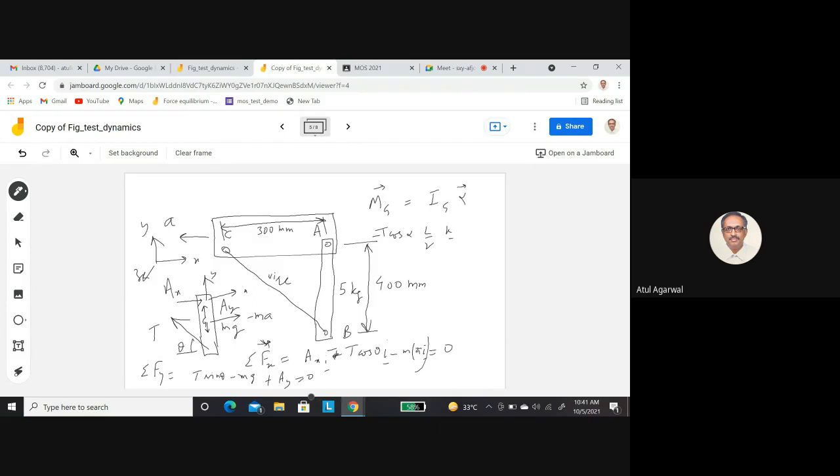Force Ax is also causing a clockwise twist. Plus Ax L by 2. Sorry, minus. The twist is clockwise. Is there any other force? And this minus m a is acting on the centroid. So it will anyway not contribute to moment about the centroid. So this has to be 0 because this bar is not rotating. So this is another equation. So you have got 3 equations and you can solve for the unknowns.